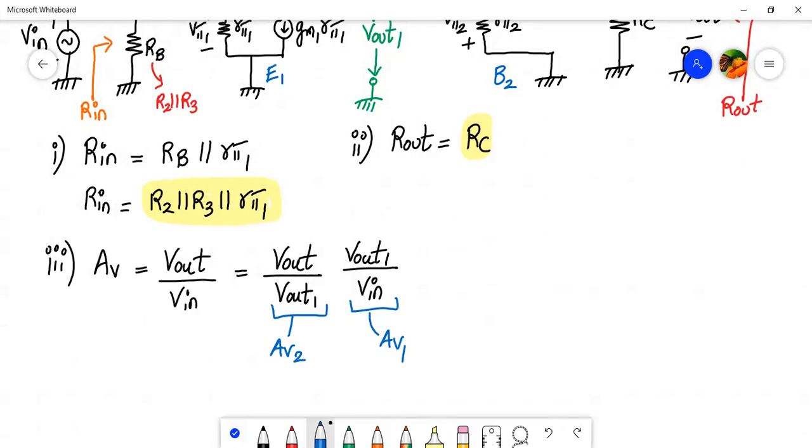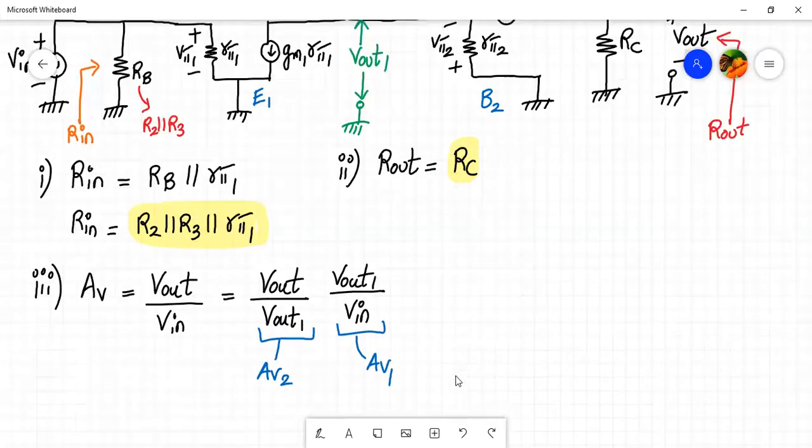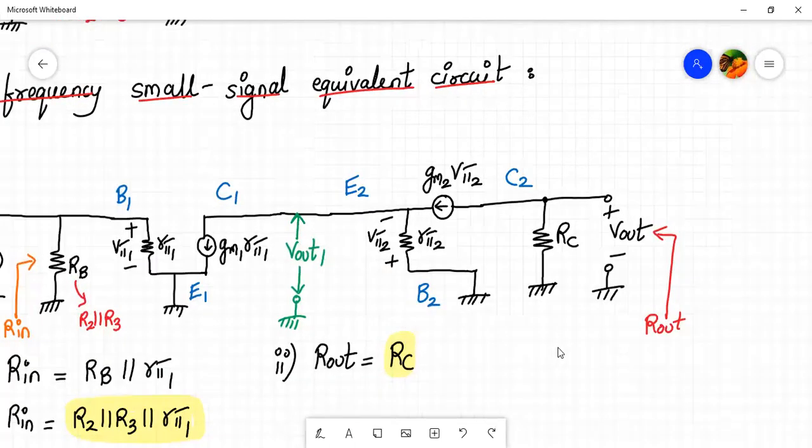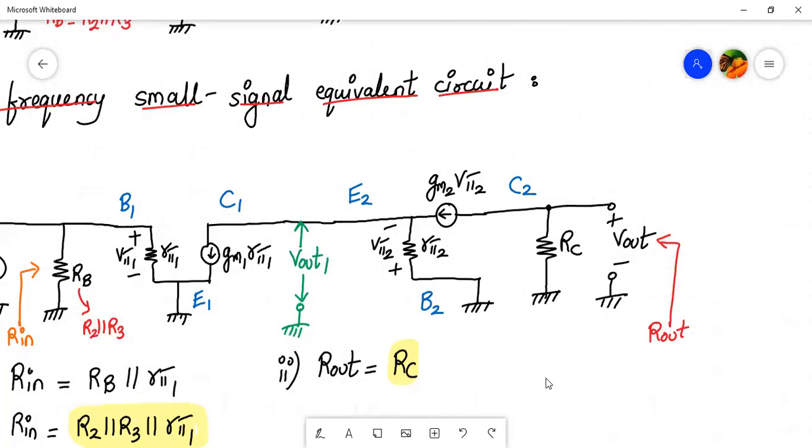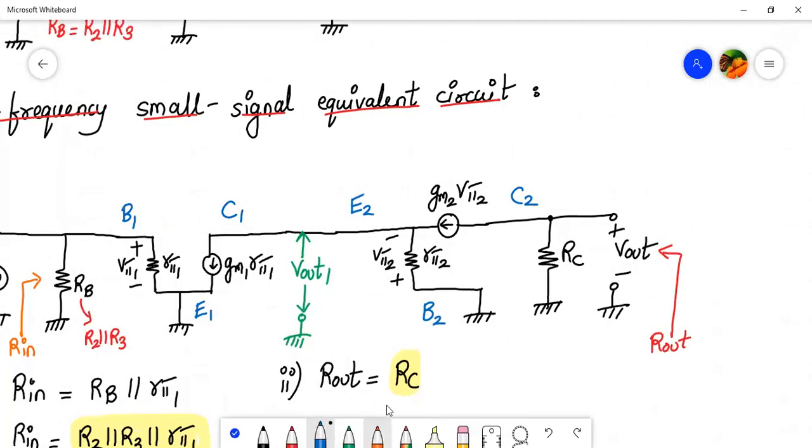Now let us begin. Let us go back to the circuit over here. What is the value of V out? How can we write the V out expression? V out can be written using this current over here. Can we call this current IC2? Yes, this current is IC2. That's the outgoing current, not going towards the ground.